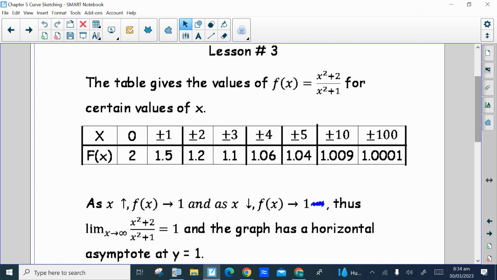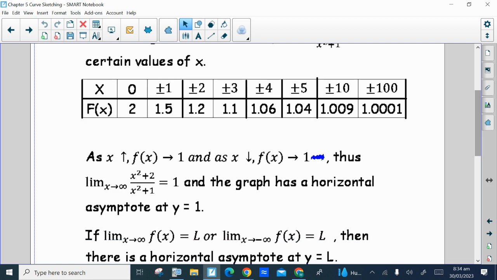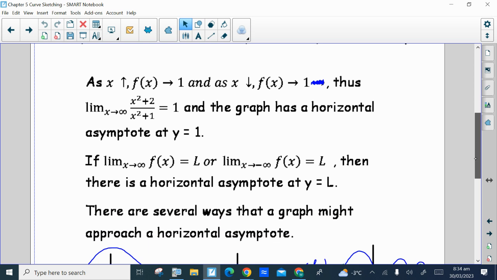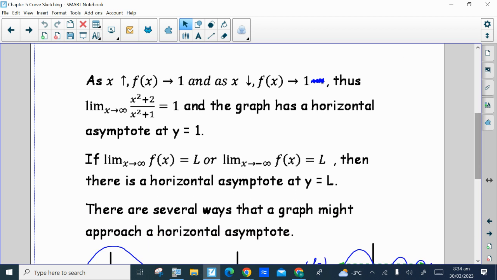So as x gets larger, f of x approaches 1, and as x gets smaller, f of x also approaches 1. Because of that, the limit as x approaches infinity of this function is 1, and we have a horizontal asymptote at y equals 1.